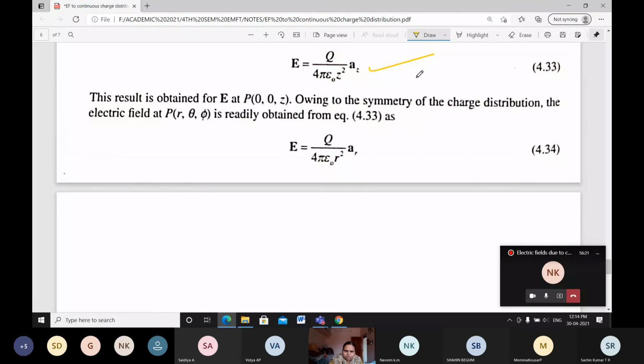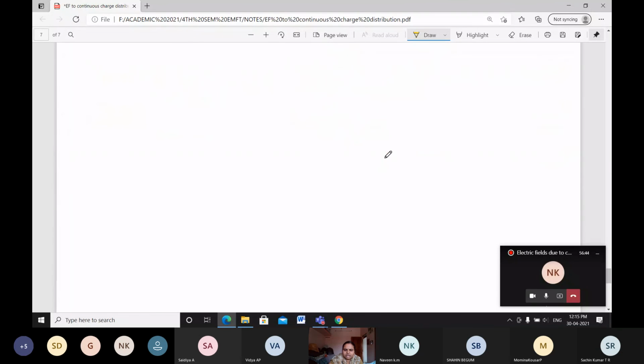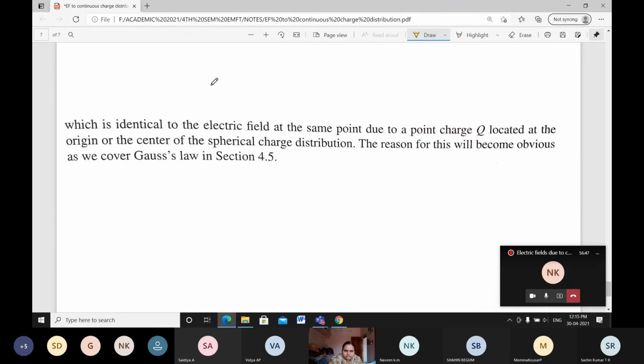The equation we obtained is for E at P with value 0, 0, z, but we want the electric field at r, theta and phi. Therefore I'll get the equation E equal to Q divided by 4 pi epsilon naught R square into aR, with aR instead of az. This is identical to the electric field at the same point due to a point charge Q located at the origin, the center of the spherical charge distribution.